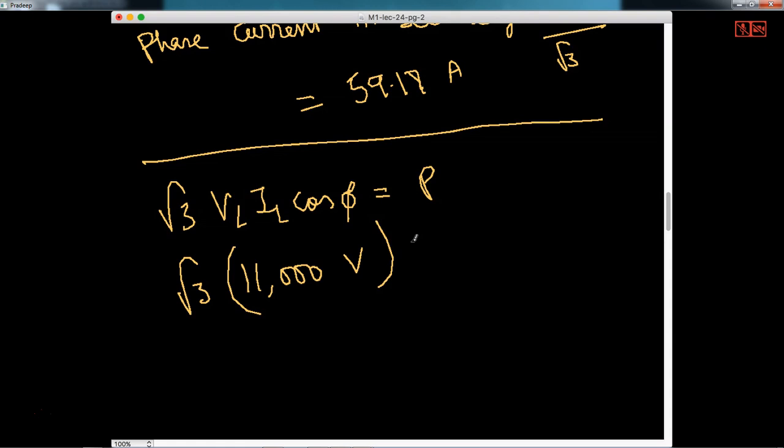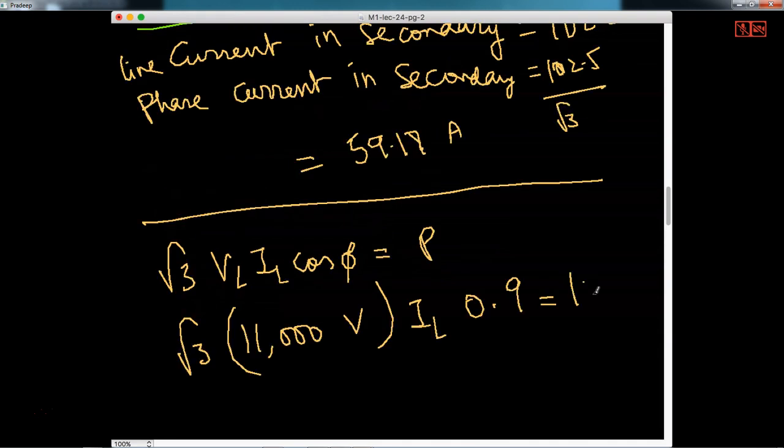The power factor of the primary may be different from the power factor of the secondary, but let's assume there's no reactance drop in the transformer. So I can still use the power factor of 0.9, equal to 1054 kilowatts. From all this, I can find out the IL.